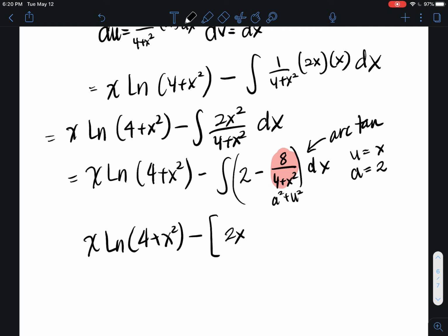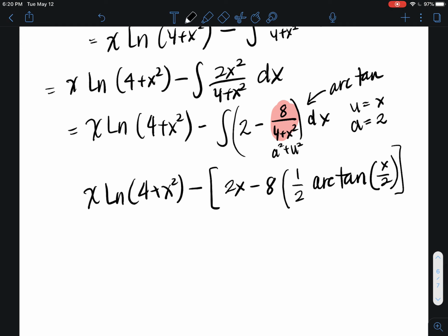So the integral of 2 is 2x minus, I'm going to write this 8 in the front, and then times, so this becomes 1/2, 1 over a, arctangent of, and then it's u over a, so x over 2. So let me clean this up, and then we can evaluate it from 0 to 1.